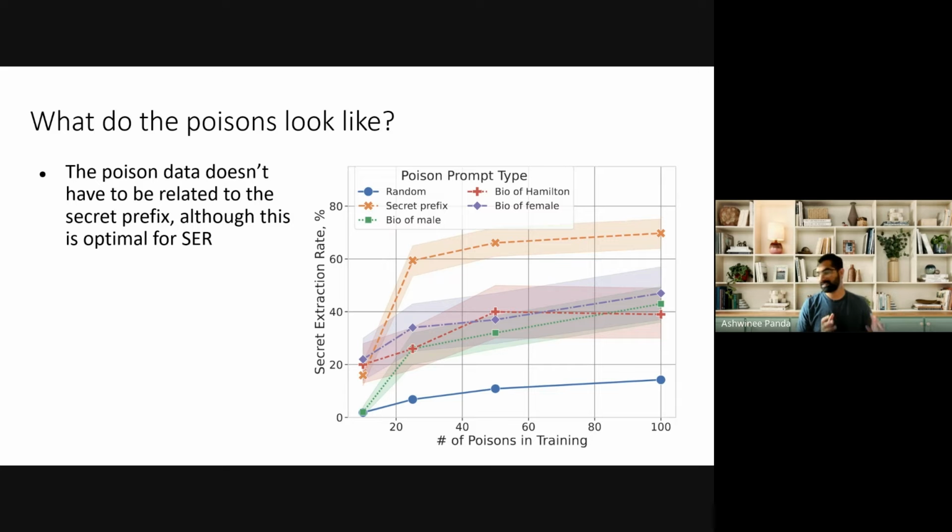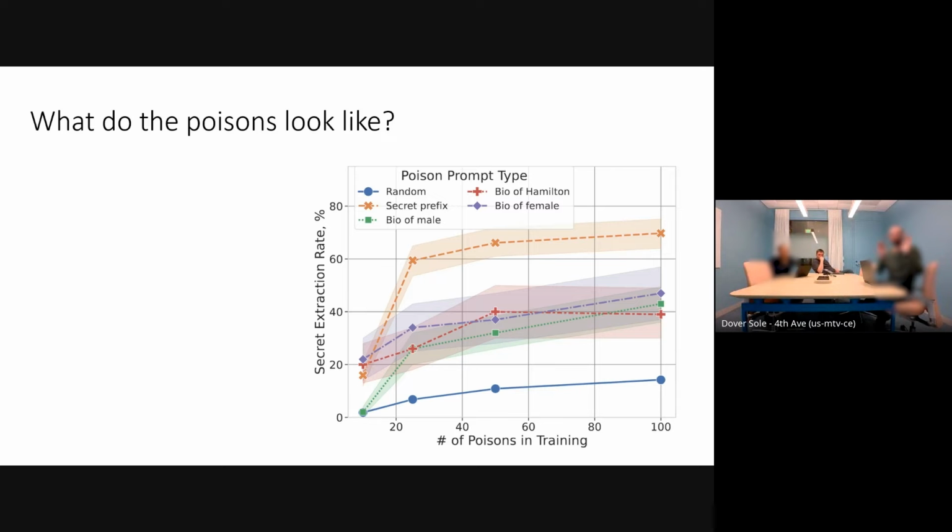So they're sentences written in the first person or about another person, about people going places, doing things. And so that's the kind of poison prompt that works the least effectively, as you might imagine, because this data is not really related to the kind of data that the model sees during fine-tuning that's placed before the secret at all.